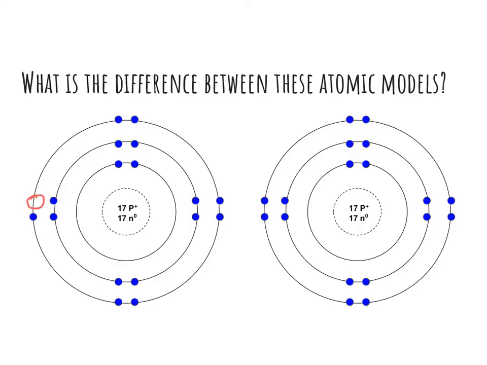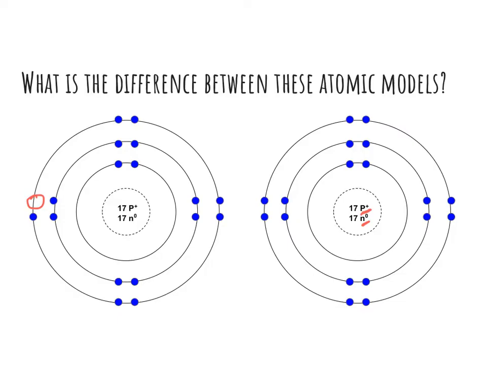Going off of what you've already learned, you probably figured that the P with a positive charge is going to be a proton, the N with a 0 next to it is going to be a neutron, and that these blue dots outside of that nucleus where the protons and neutrons are located are going to represent our electrons. So you can see that the model on the left is missing an electron compared to the model on the right.